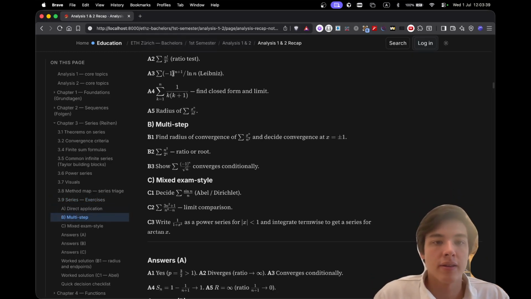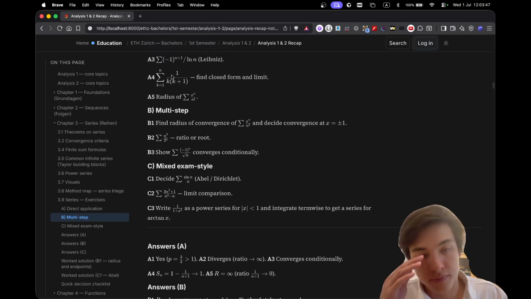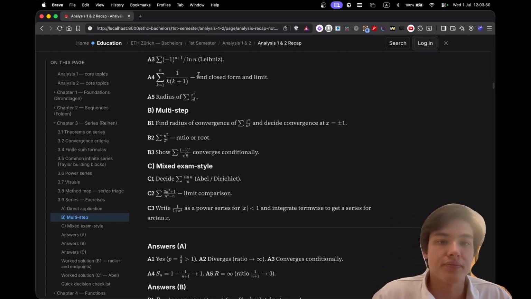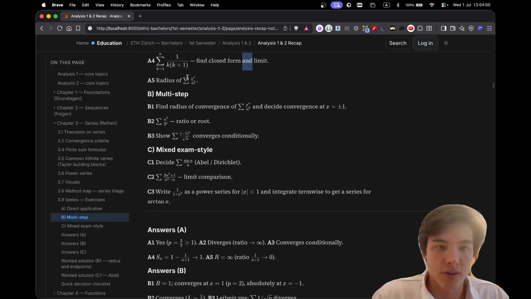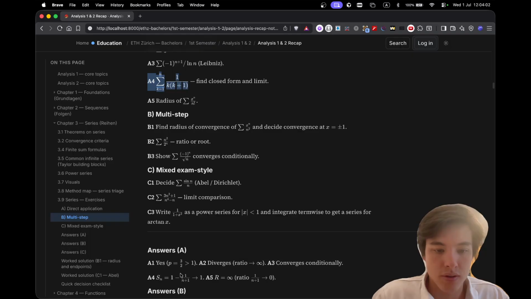Alternating, then we see, oh, Leibniz, right? This is something that goes towards 0, it alternates, so it converges. Find closest form and limits, we could just check k squared with a limit. Well, it converges, right? What is this, A4?